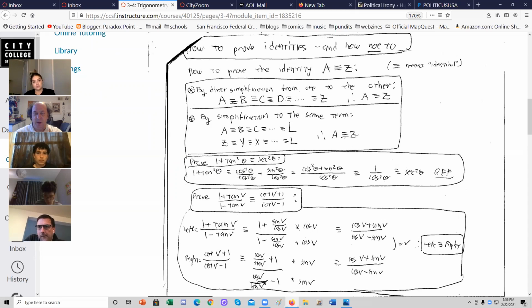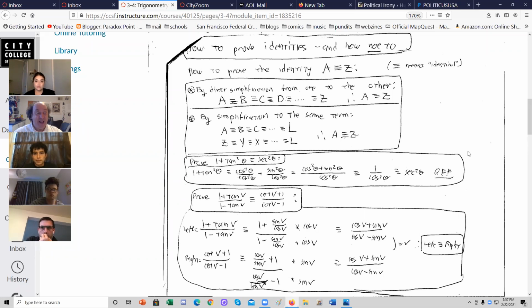Underneath, cos squared plus sine squared. But cos squared plus sine squared is 1. So we have 1 over cos squared. That's sec squared. That's the right-hand side, and QED. The identity is proven. QED is a fancy phrase in Latin, meaning quod erat demonstrandum, meaning which was to be demonstrated. It's sort of a bit of math nerdy punctuation.